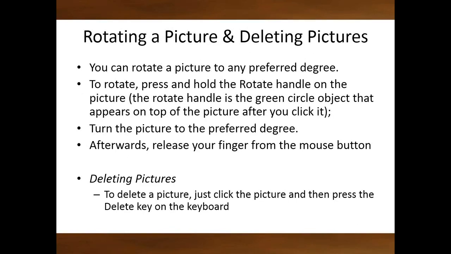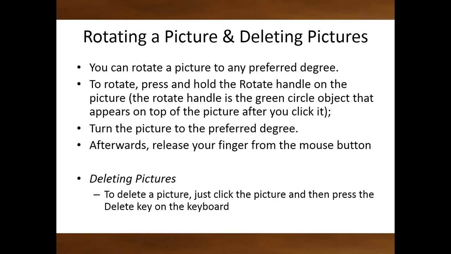The rotate handle is the green circle object that appears on top of the picture after you click it. Turn the picture to the preferred degree. Afterwards, release your finger from the mouse.